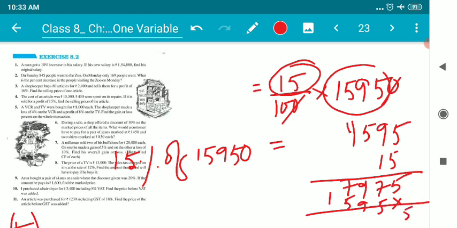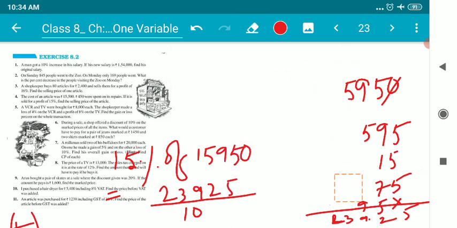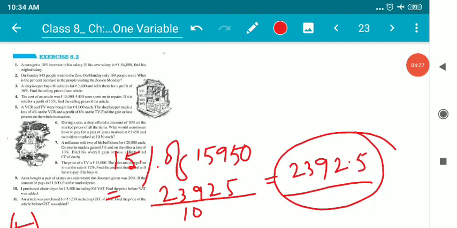Let us find out. 5, 7 plus 4, 5, 12, 2. So we get 23925, divided by 10. Finally I'm supposed to get 2392.5. Children, this is the amount of profit.